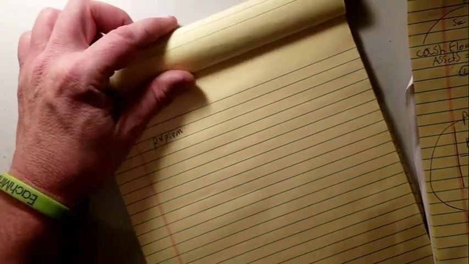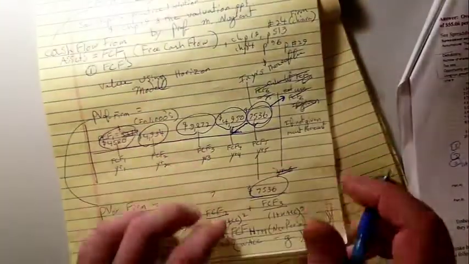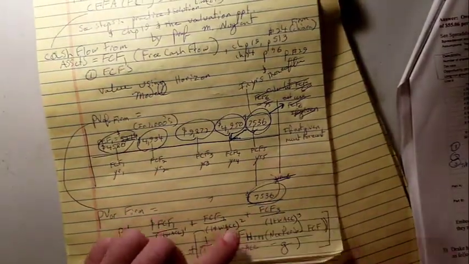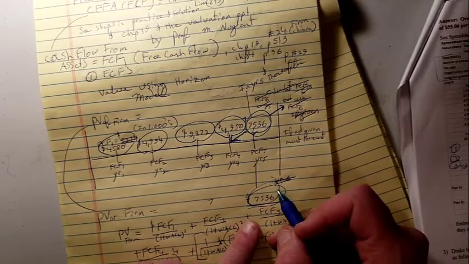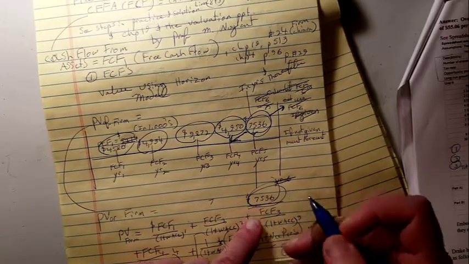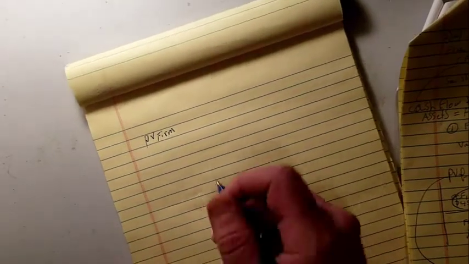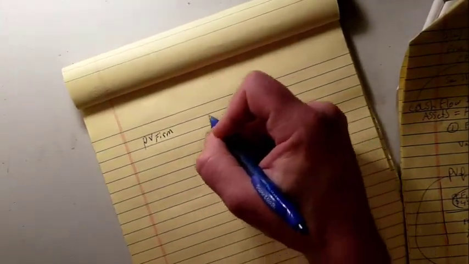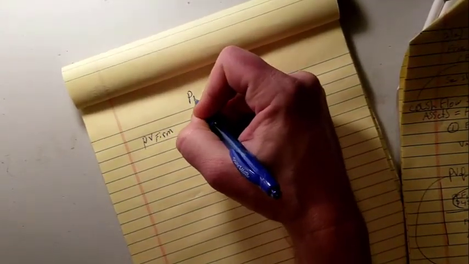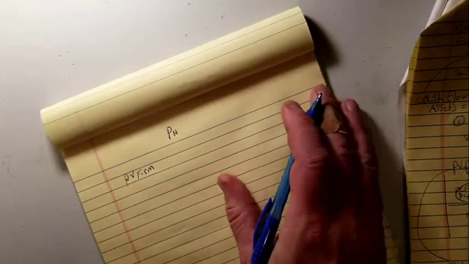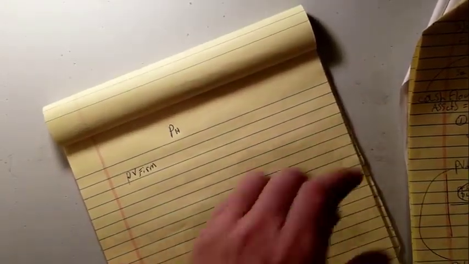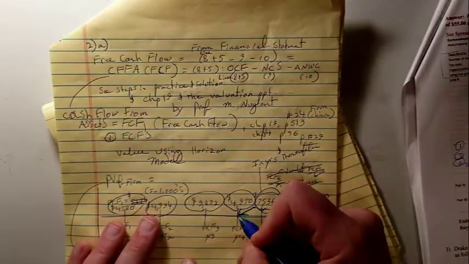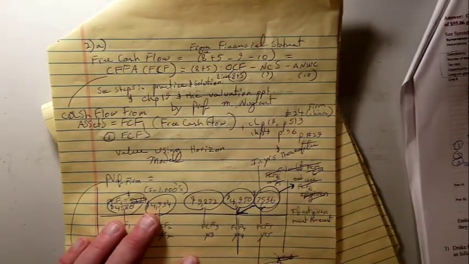And let me step back a second. To follow what I was just saying, you want to get the horizon value, okay? So you're going to take the 5th year cash flow and plug it into a formula that looks very similar to, so PH, okay, price at the horizon, right? So we're going to get the price at the horizon, which is right here at time 4.